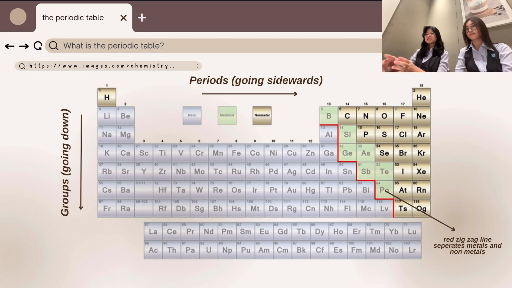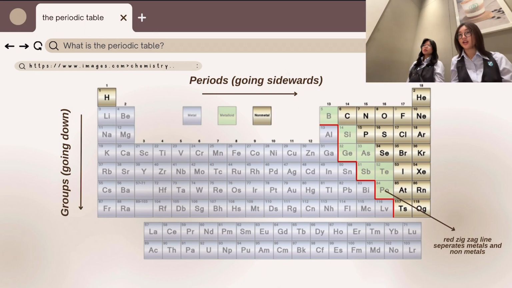That's why it's still considered group 1. It's still put in the same column as group 1, but it's not a group 1 alkali metal because it's a gas. And the periods are going sidewards. They are organized by the amount of electron shells they have. And like what Michelle said, they're separated by a red zigzag line too to separate both the metals and the non-metals.